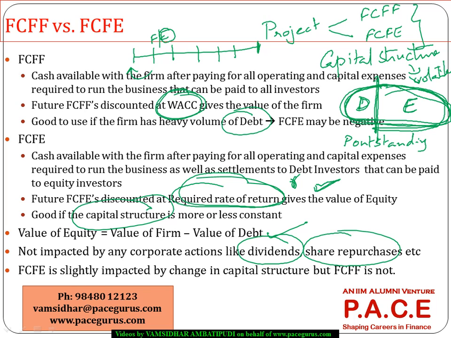The dividend is a part of whatever the cash that is left. So out of the cash that is left, the company can think of paying some portion of it as a dividend, or it may not pay any dividend.